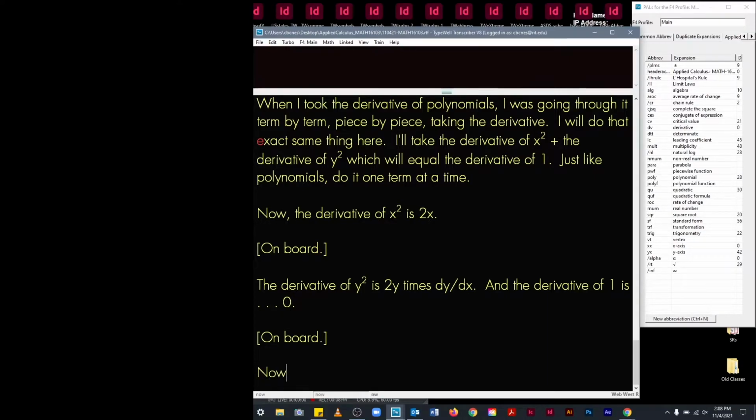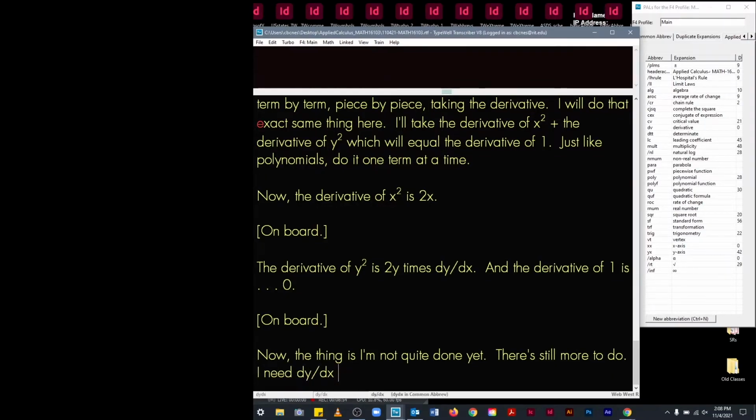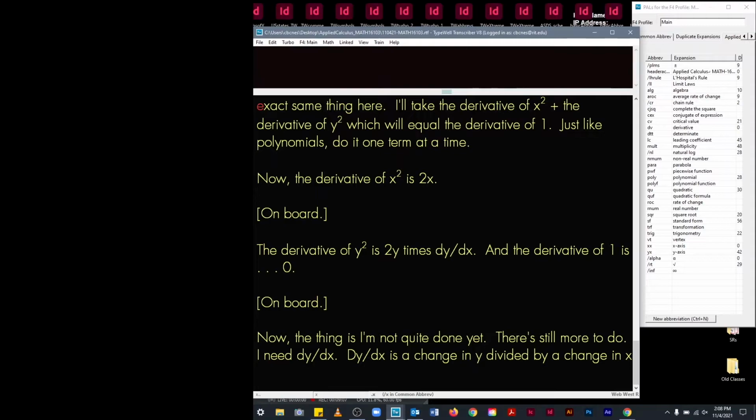Now, the thing is, I'm not quite done yet. There's still a little bit to do. And the thing that I have to do is I need dy dx. dy over dx is a change in y divided by a change in x, which is very similar to delta y over delta x, and that's equal to slope.